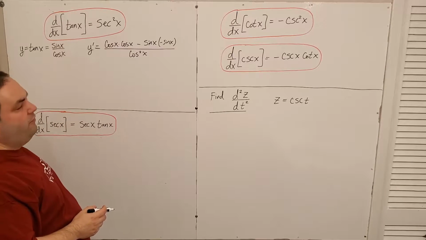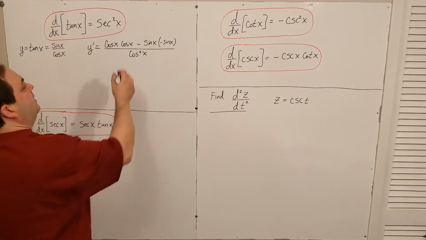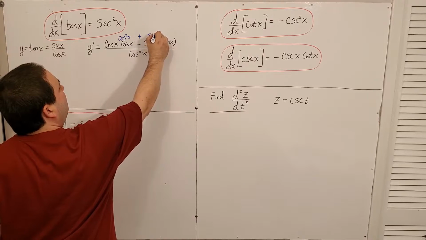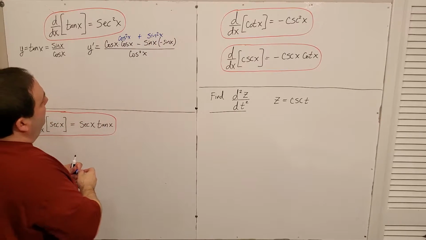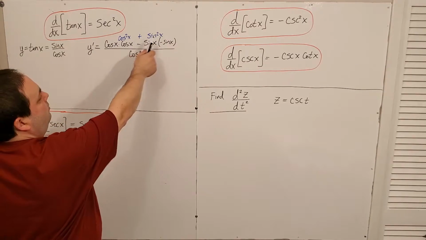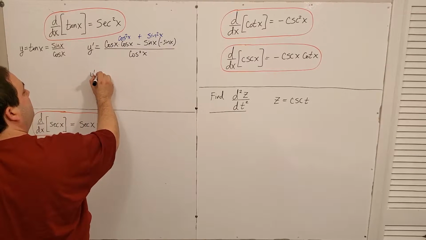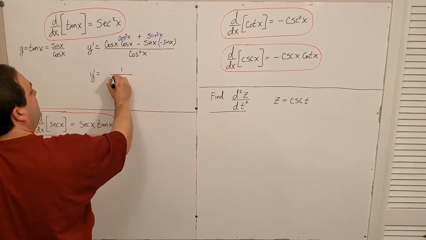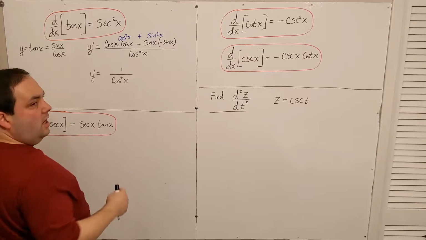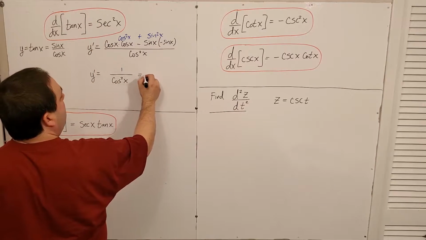If you look really carefully at the top there, you should notice that what we've got is cosine squared plus sine squared, because of the double negative. Cosine squared plus sine squared, one of your oldest trig identities, is 1, so we get 1 over cosine squared. And of course, 1 over cosine is secant, so 1 over cosine squared is secant squared.